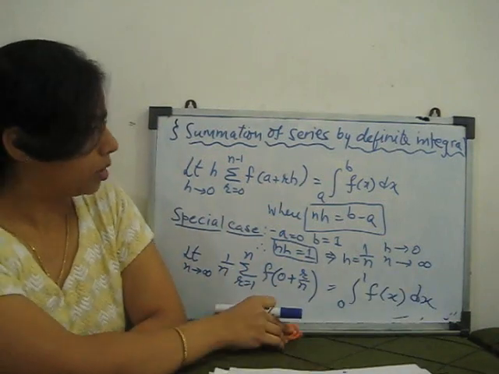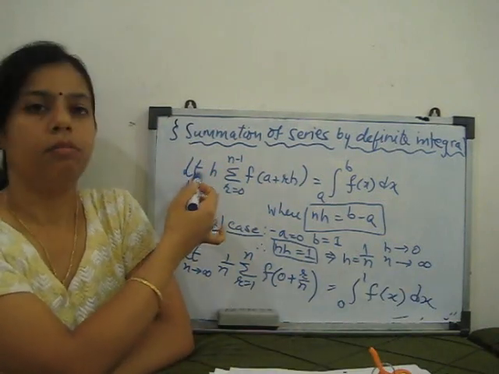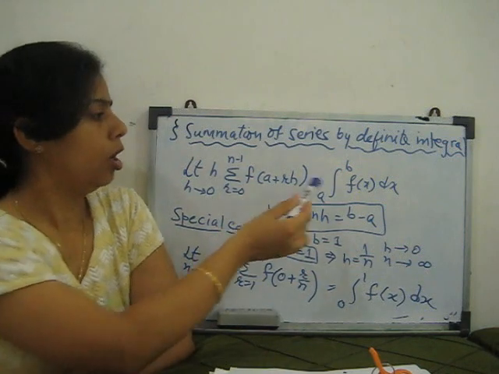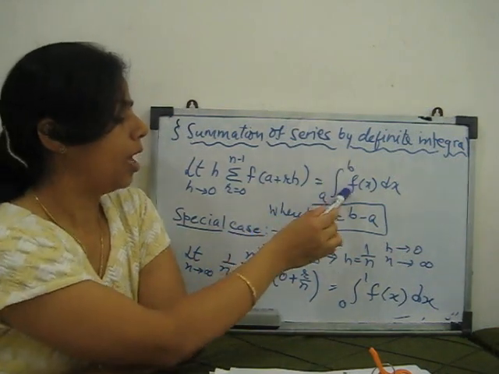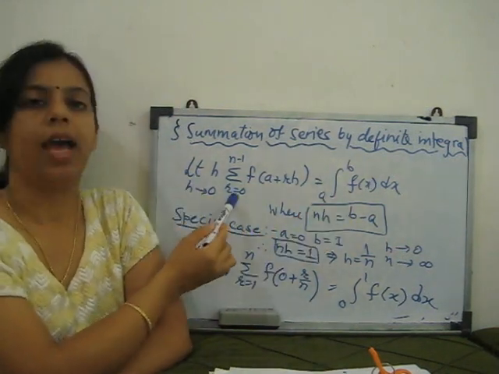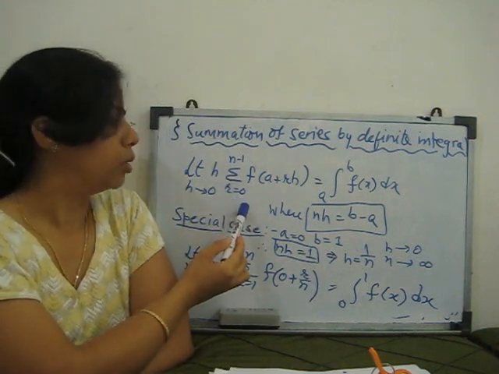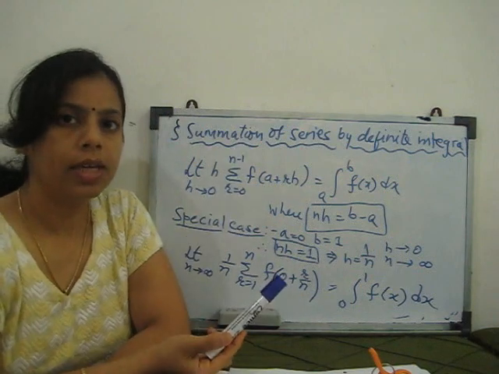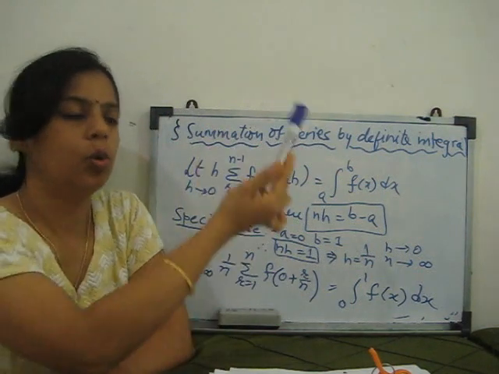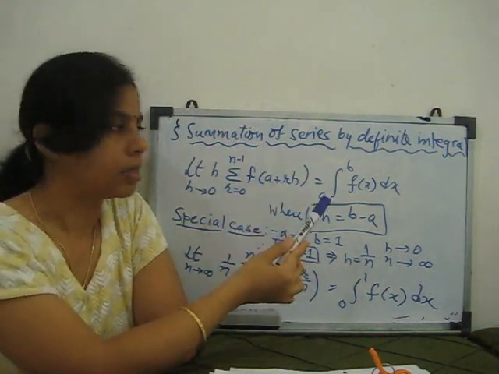So for this process, in my previous video you saw integral a to b f(x) dx is equal to limit h tends to 0, h summation r going from 0 to n minus 1, or we can say r going from 1 to n, f(a plus rh).